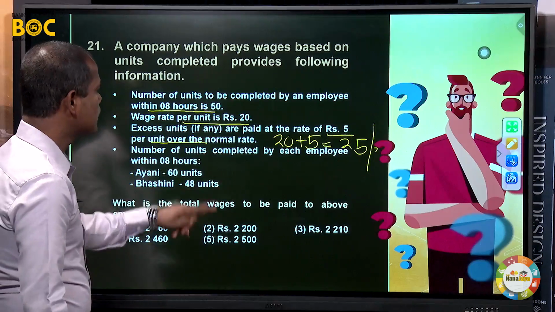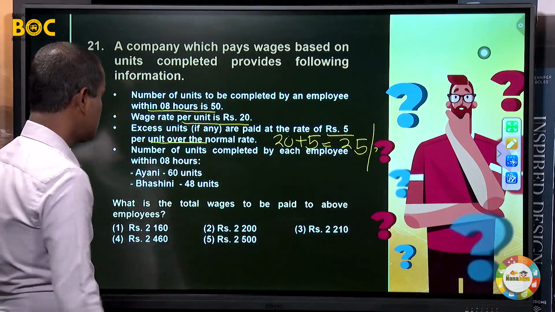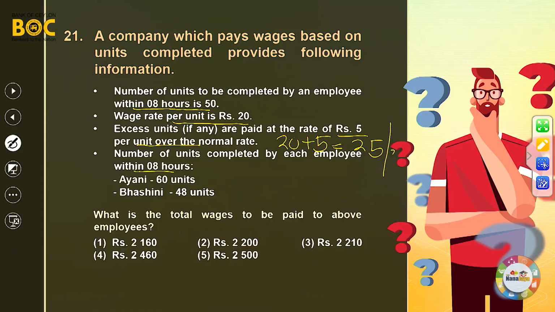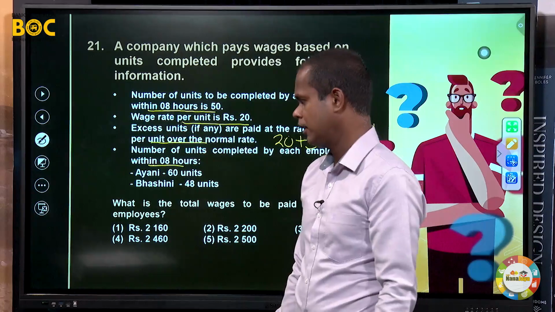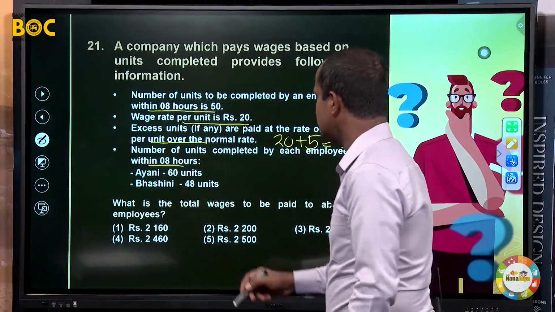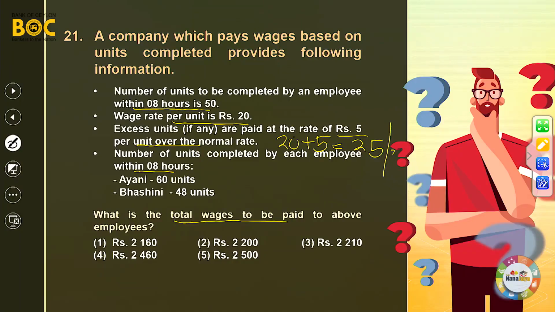The number of units completed by each employee within 8 hours: Ayani 60 units, Bashini 48 units. What is the total wages to be paid? Here we have 2 employees.